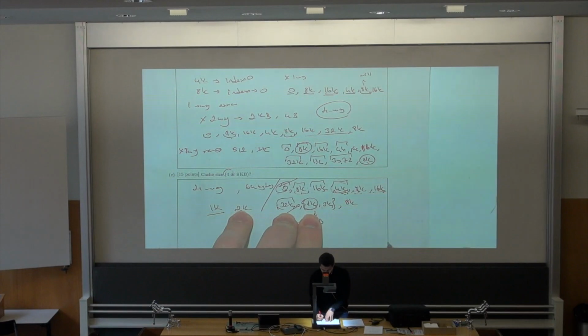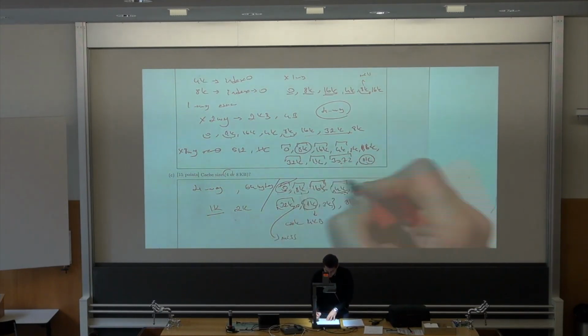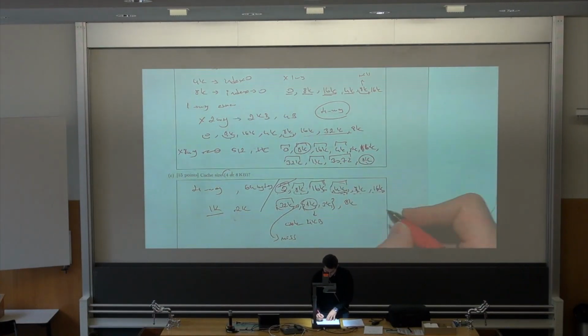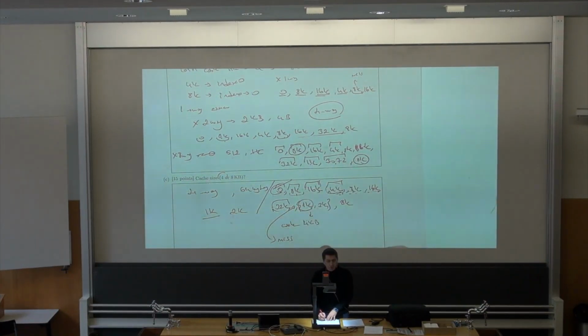Yes. So either 4K will be removed, or 16K will be removed. So basically, what this says is that if the cache replacement policy is FIFO or LRU, the address of 8 will be removed along the way. Okay, this won't be in the cache.